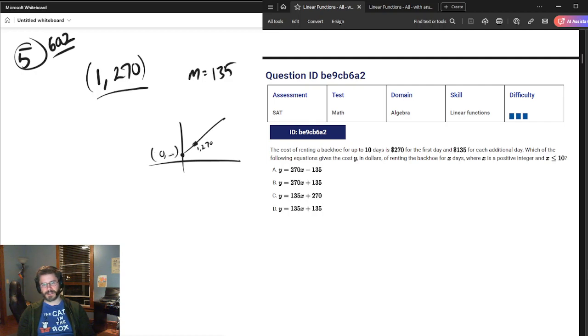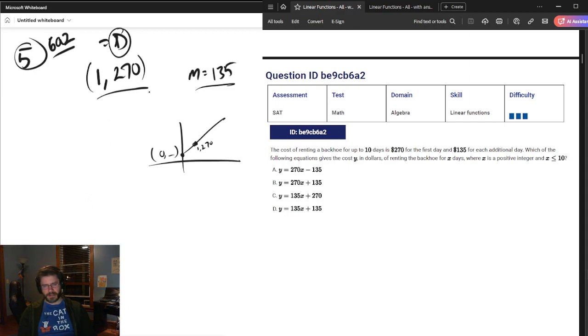Can't possibly also be 270 if the slope isn't 0. So it must be D. But we can go ahead and go through the math on this, but we've already solved it thinking logically.